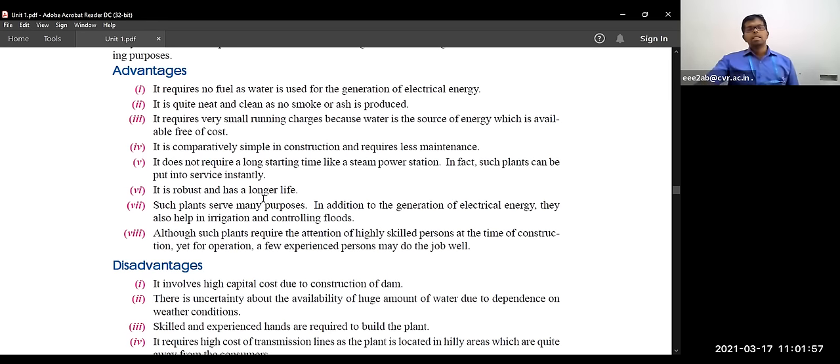Okay. Next, such plants may serve many purposes. In addition to the generation of electrical energy, it also helps in irrigation and controlling floods. The main thing is irrigation. Controlling floods, nowadays it is not raining that much, so I think this time it is not used for controlling floods.